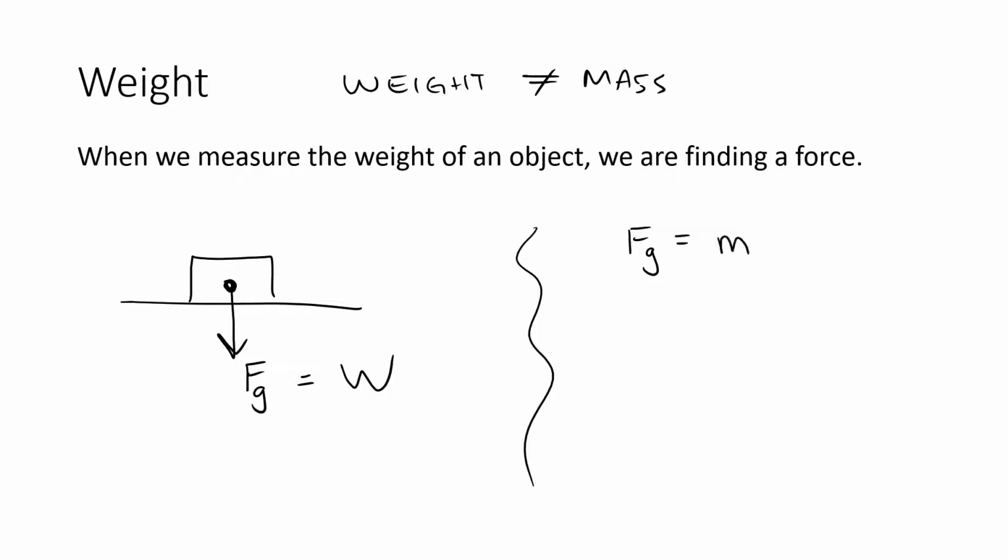So instead of mass times acceleration, it is mass times gravity. And since weight and the force of gravity downward are the same thing, we'd also say that weight is mass times gravity.